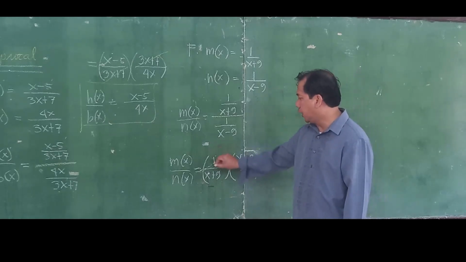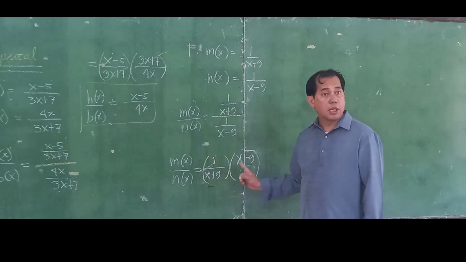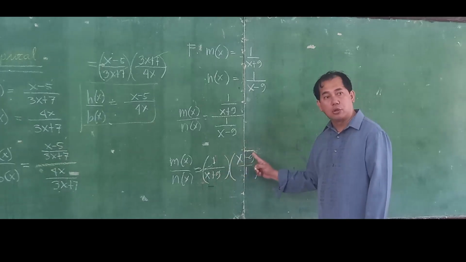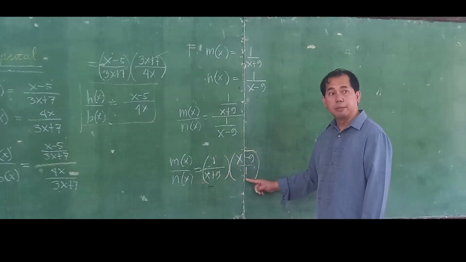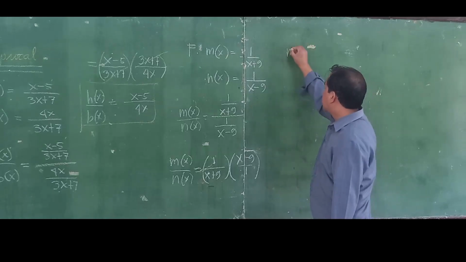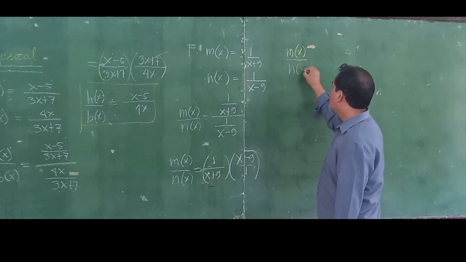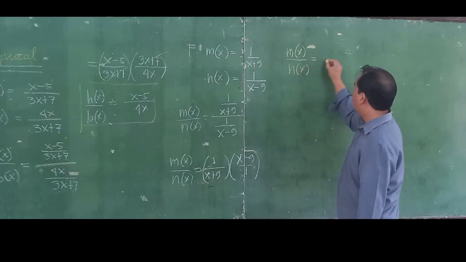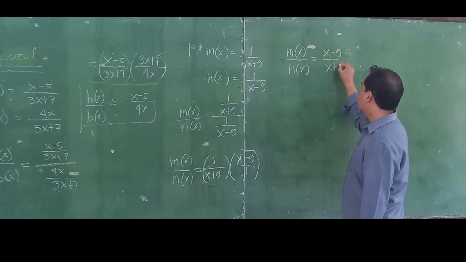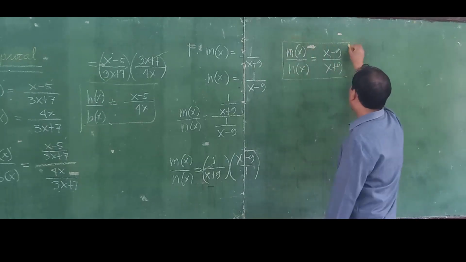So meaning to say, you cannot cancel this one. Why? They are opposite. So you just multiply numerator to numerator, denominator to denominator. The result is that m of x over n of x is x minus 9 over x plus 9. That would already be the final answer.